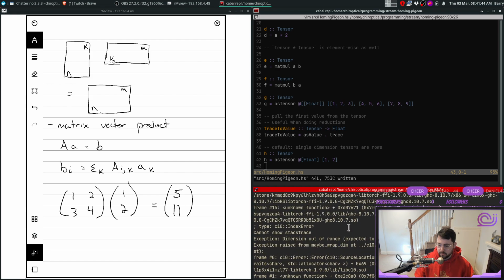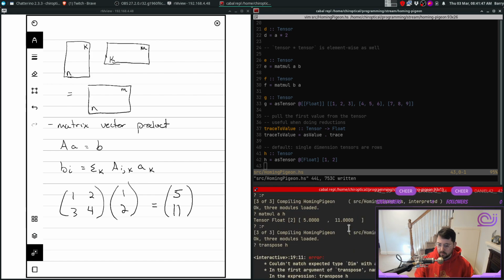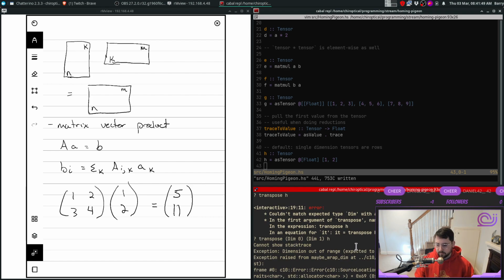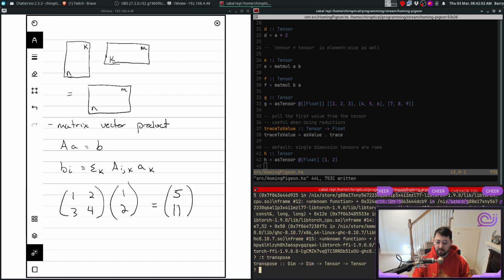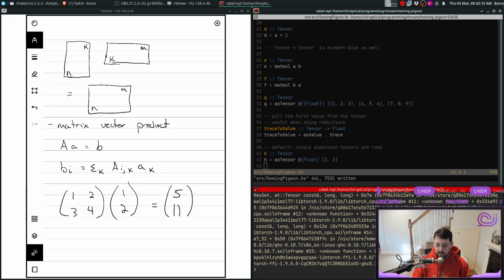Oh boy. Couldn't match expected type dim with actual type tensor in the first argument. What is this thing? Transpose. Dim tensor to tensor. So transpose dim 0, dim 1, H. Index error.